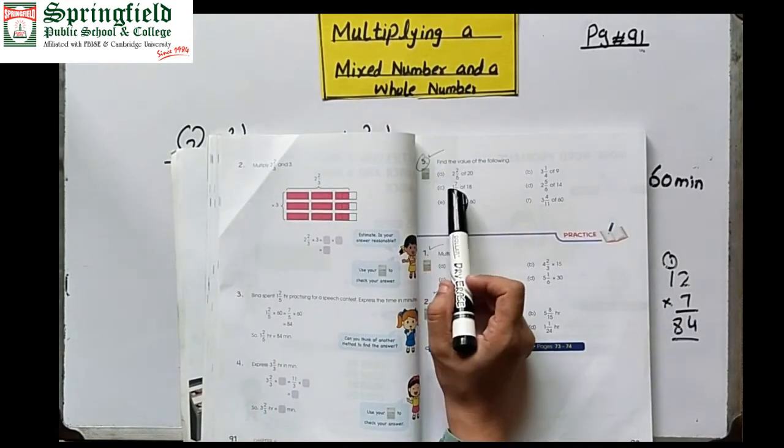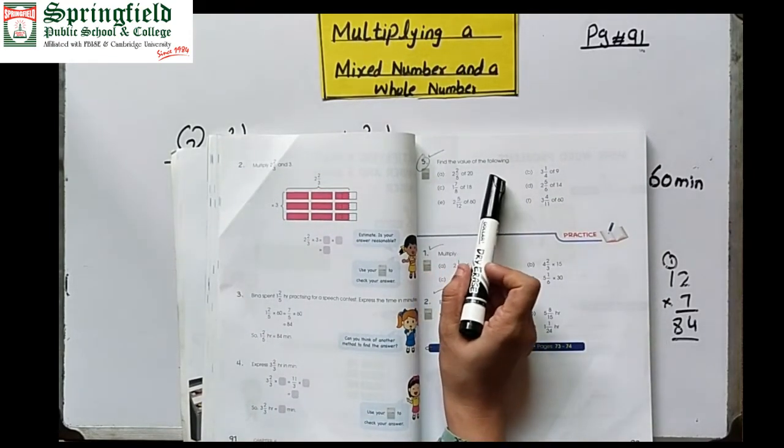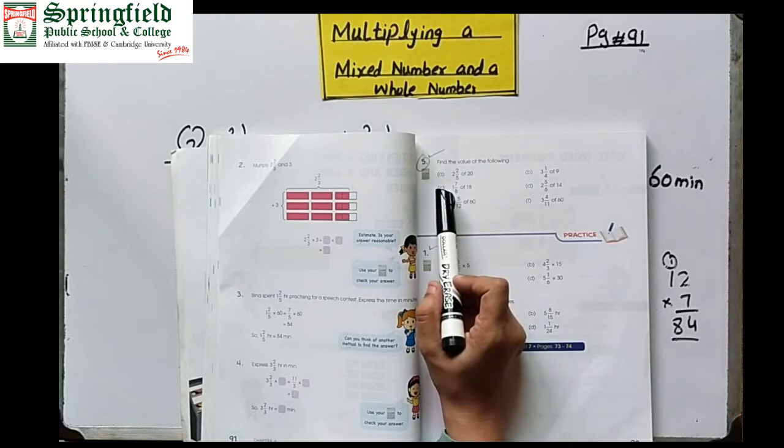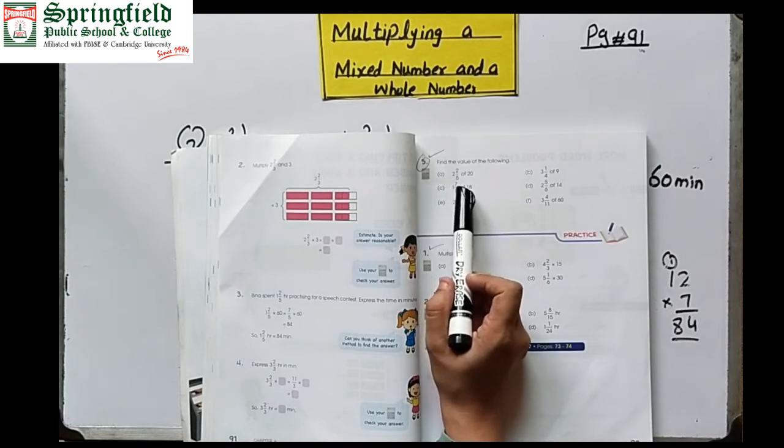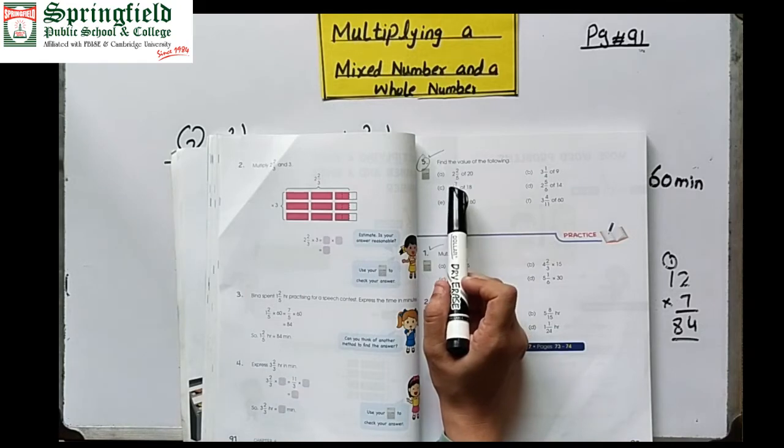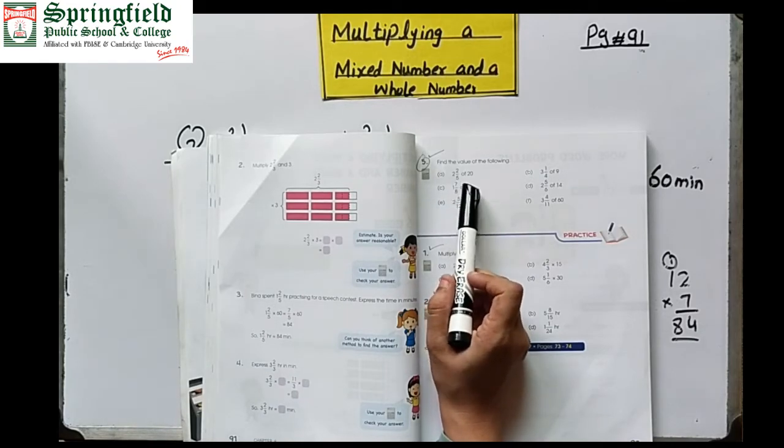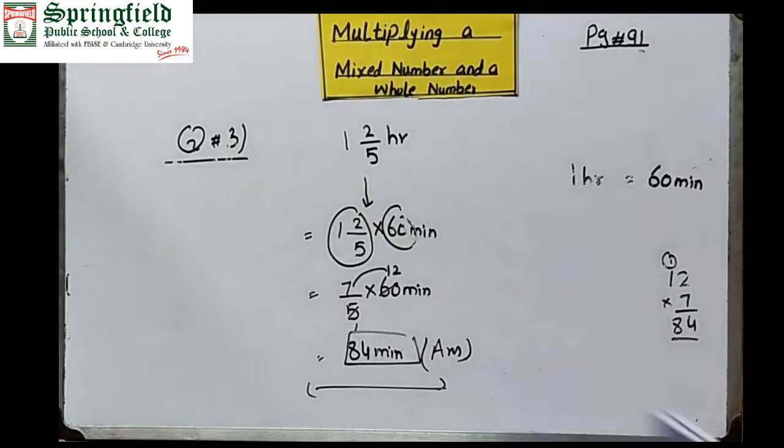Question number 5, find the value of the following. Now first part, 2 whole 2 by 5 of 20. Of, we know that we have done in grade 4, in grade 3. What is the meaning of of? Of means multiply. So 2 whole 2 by 5 multiply 20. Then what will be the answer? So look at the board.